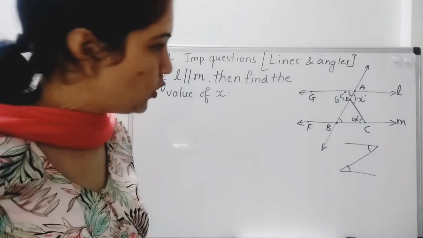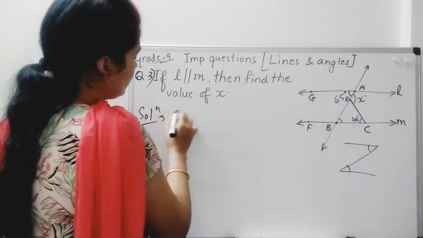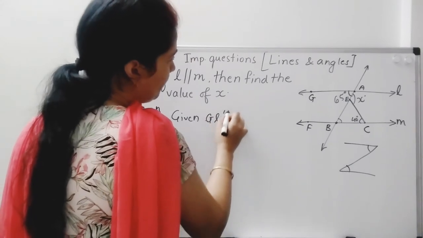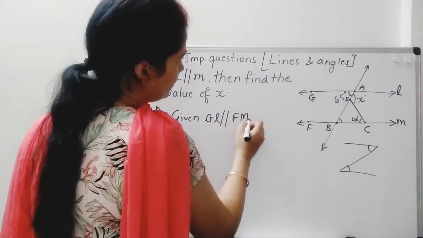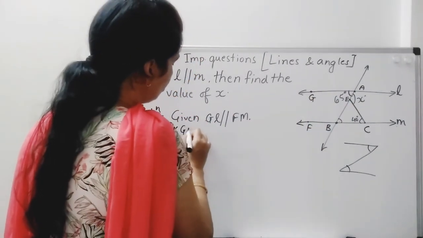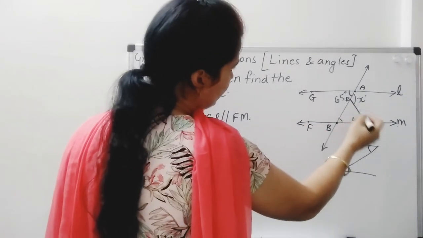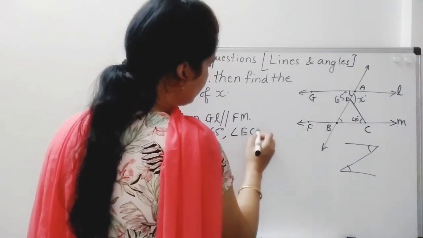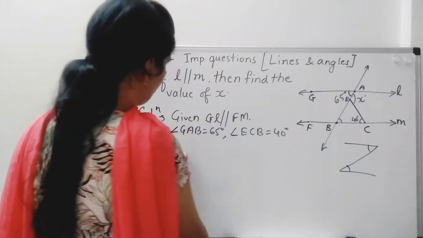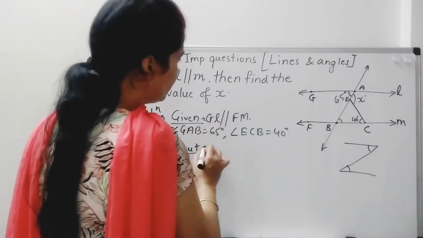So let's start solving it. So what is given first? Given GL parallel to FM, okay, angle GAB is equal to 65, and what is given? Angle ECB is equal to 40 degree, and we have to find out. These are the simple steps that we need to write.